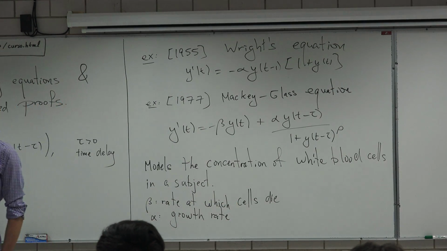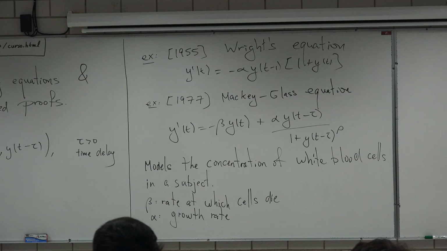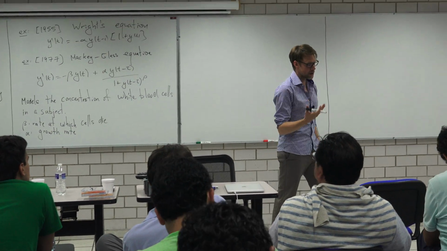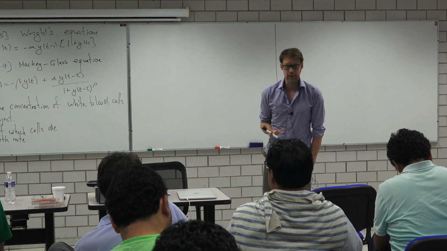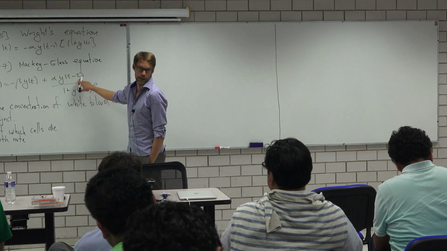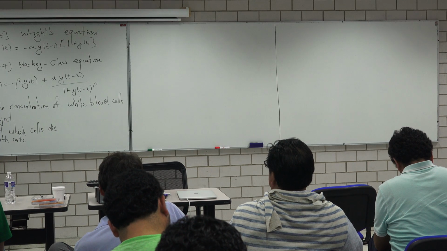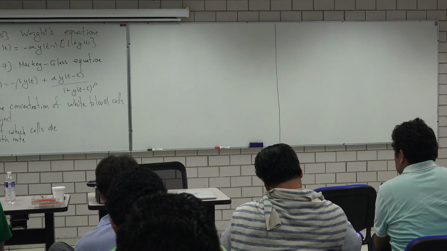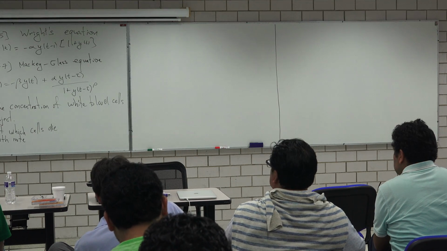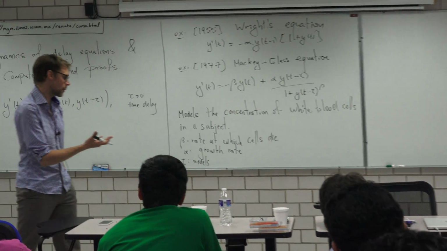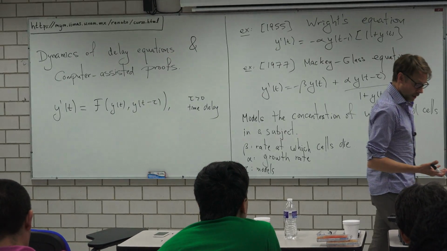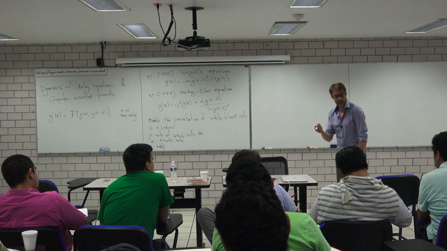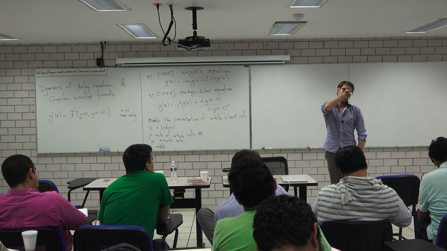And now here's the interesting part, because in many aspects, it takes time for a body or for some biological process to understand that something is happening. So in that case, that's the tau here. So the tau models the time it takes for the subject to react to some given concentration. So it takes some time sometimes. If you think about, let's say, gene regulation, gene expression, sometimes you'll have proteins that will act on the DNA, but it takes a little bit of time for the protein to get out, do its job, and come back.